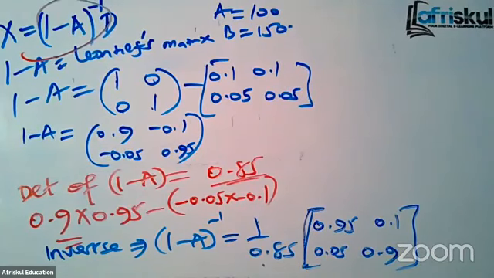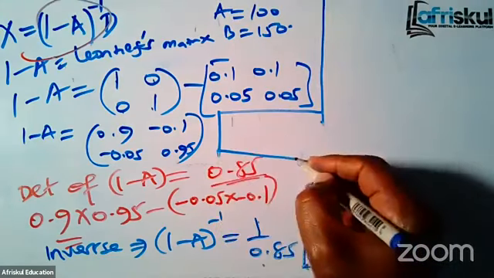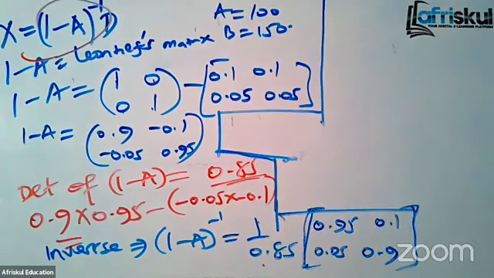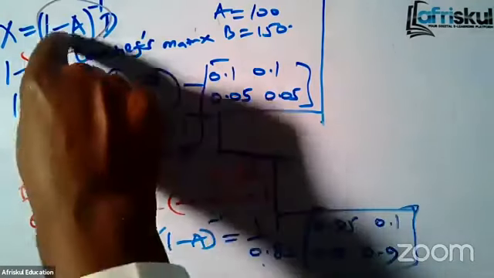By doing this, we happen to have our Leontief's inverse matrix. After getting that, the next thing is for us to plug in the figures that we have here into this formula.